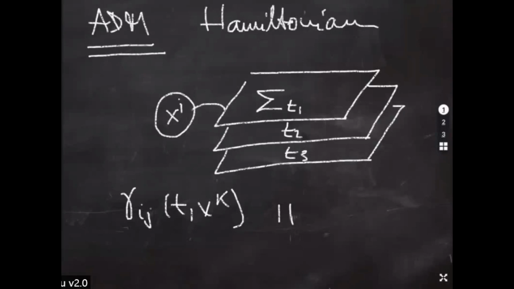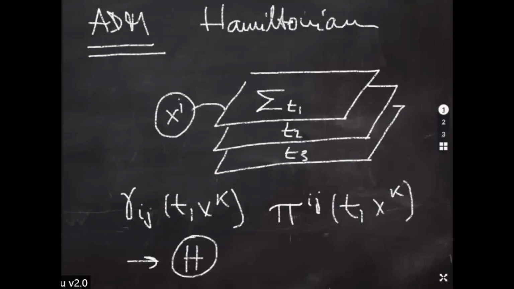This should actually be called p in ancient Greek, because ancient Greek had tones like Chinese. Of t, x^k. So using these variables, you can then define a Hamiltonian. And if you have a Hamiltonian, you have everything. You can write equations of motion. So this is the basic idea of this ADM formulation.